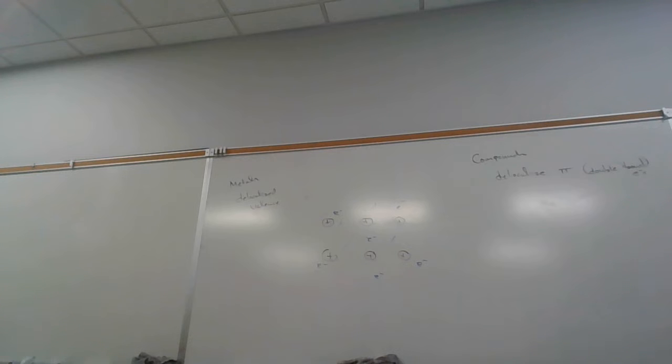This is the classic delocalized pi bonding electron. They show that the double bonding electrons are actually spread out over the entire structure here. In our class, let's see. So this video is delocalized pi electrons.